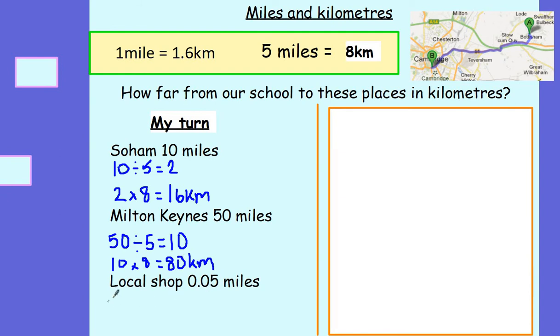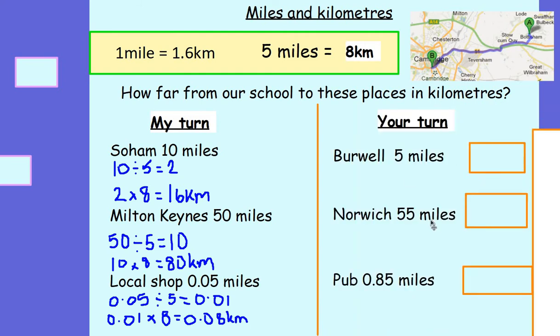To convert that into kilometres, again, we need to do 0.05 divided by 5, which will give me 0.01. Then 0.01 multiplied by 8, so it's 0.08 kilometres. Over to you guys. In your rough books, please pause the video for a couple of minutes and convert these into kilometres for me now, please.